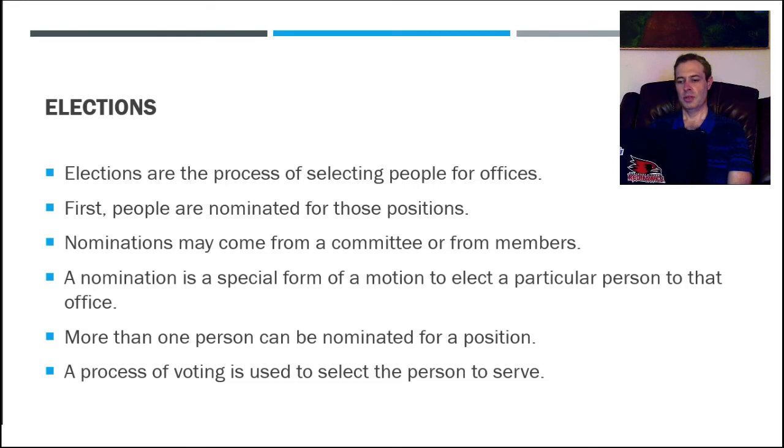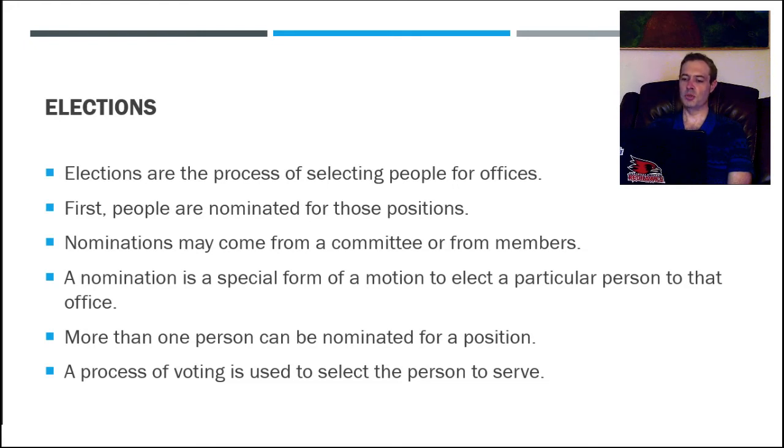And so rather than amending this recommendation from the committee, which is essentially what this is, you would just nominate other people, and so then there would be more than one person nominated. And so then you would handle it as you would any election, no matter whether it came from a committee or whether it came from members.